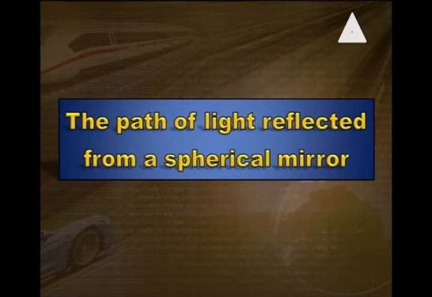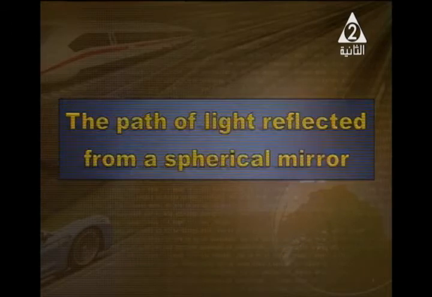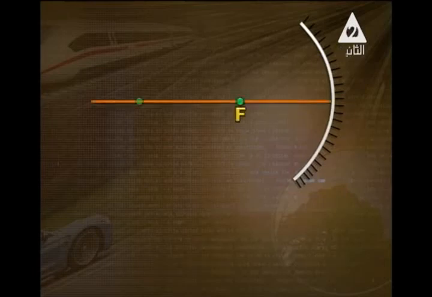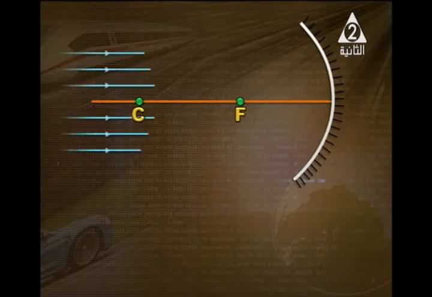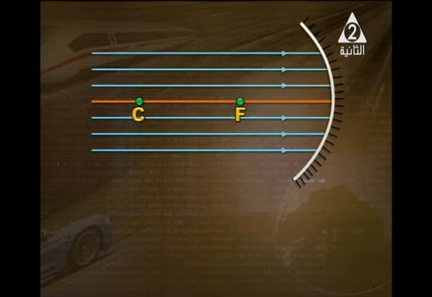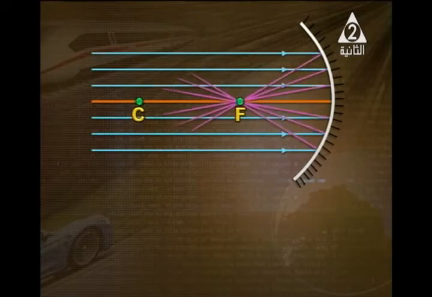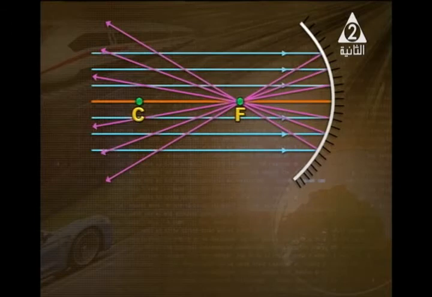The path of light reflected from the spherical mirror. The first case: this is the concave mirror and this is the principal axis. If the light ray is coming from a far object, it will be reflected and collected at a point called the focus.